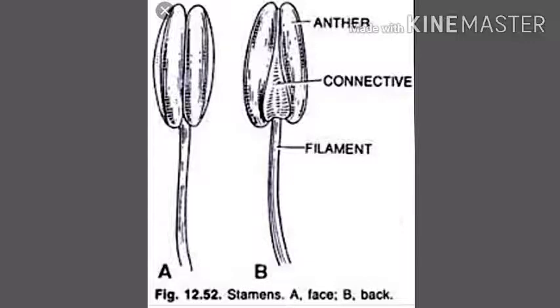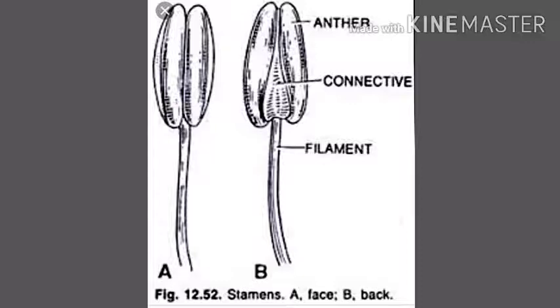This flower is seated on a swollen portion known as thalamus. The thalamus gives rise to whorls.